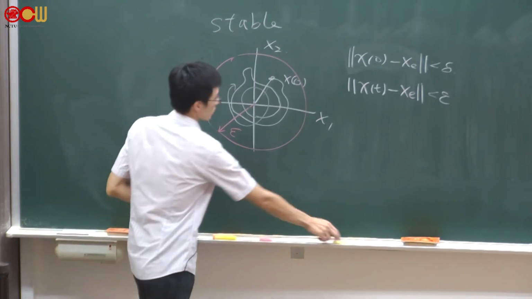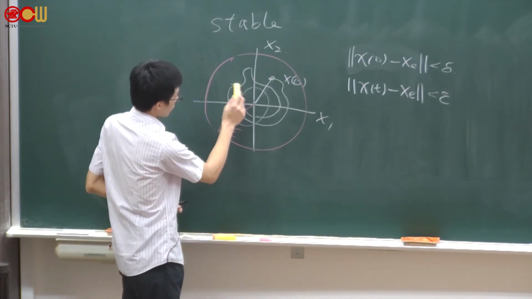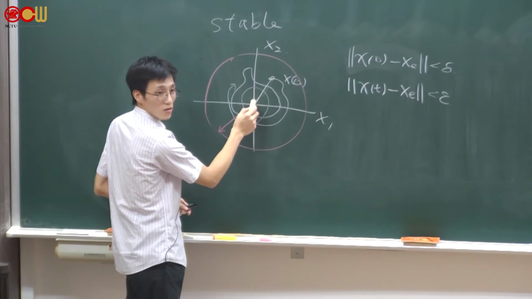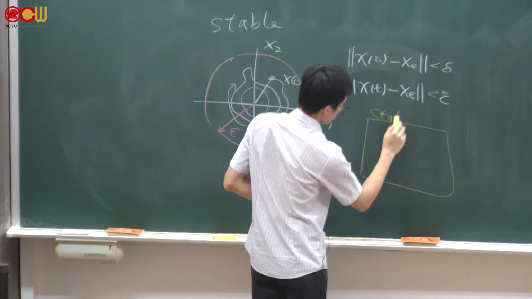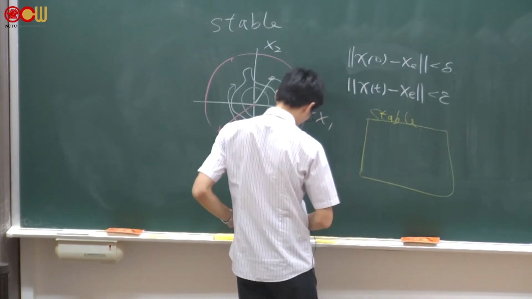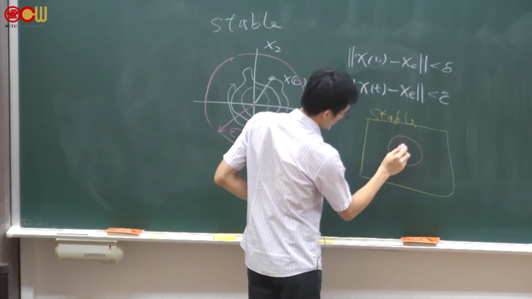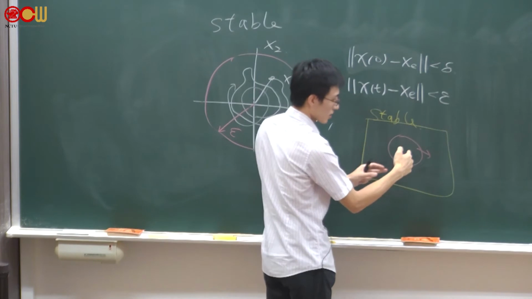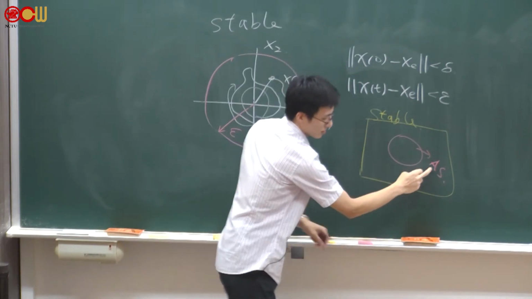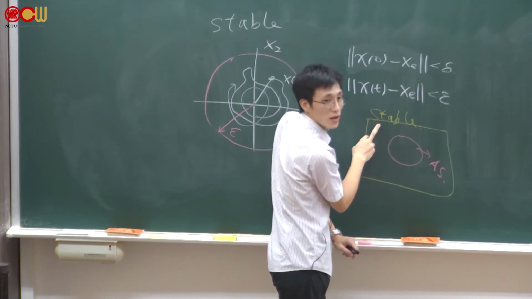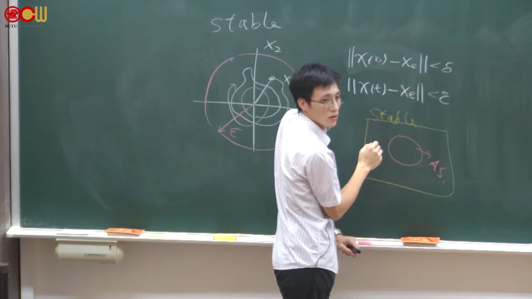But for asymptotically stable, it has to converge to the origin, right? So if it's asymptotically stable, it must be defined as stable, but not vice versa, right?